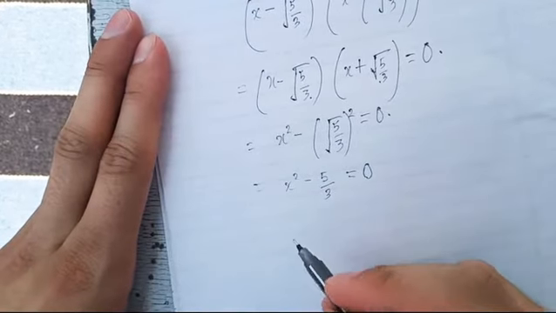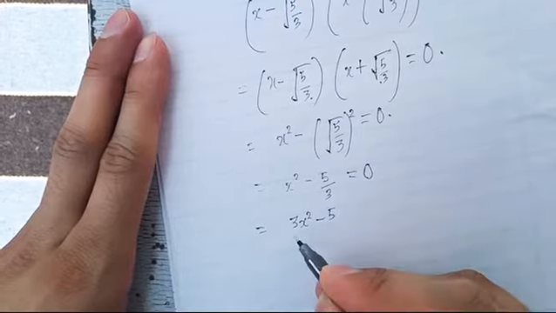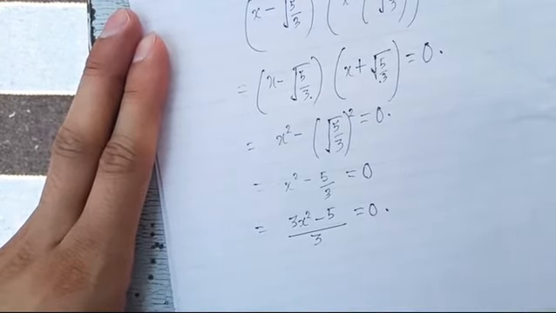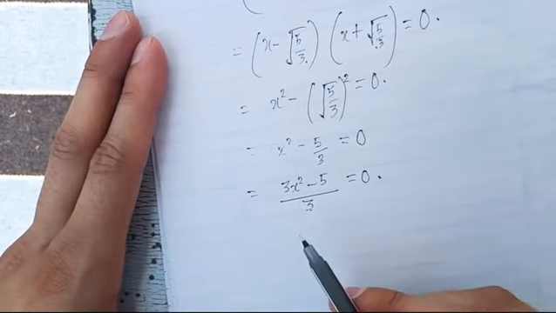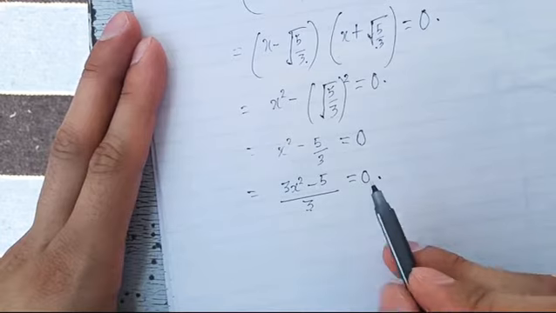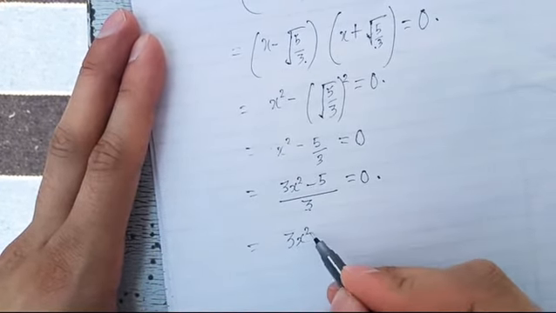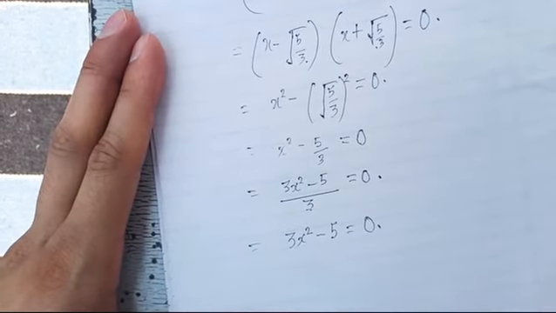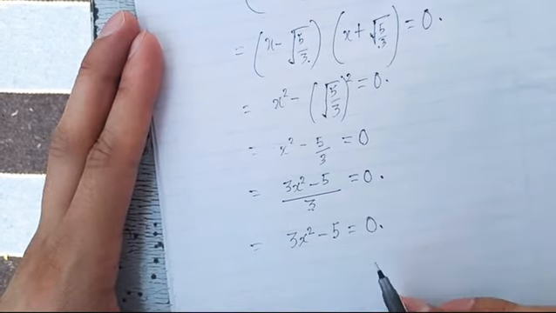Now taking the LCM, it will become 3x square minus 5 whole upon 3, equal to 0. Now 3 will go to the right hand side, and it will become 0, and you will obtain 3x square minus 5 is equal to 0.